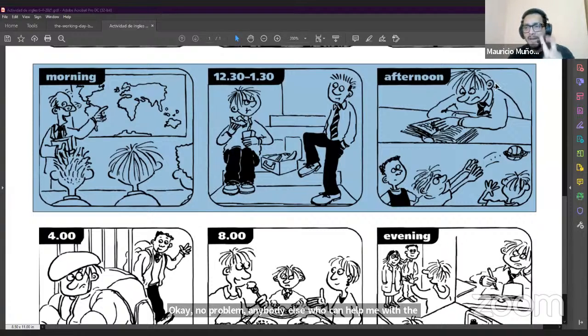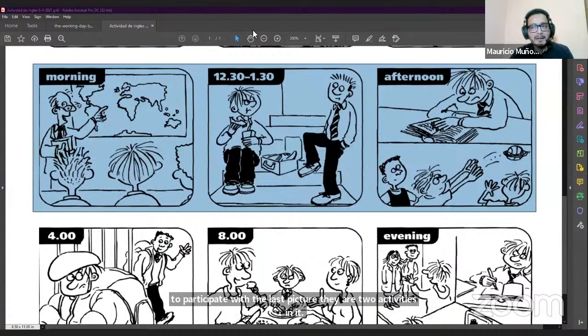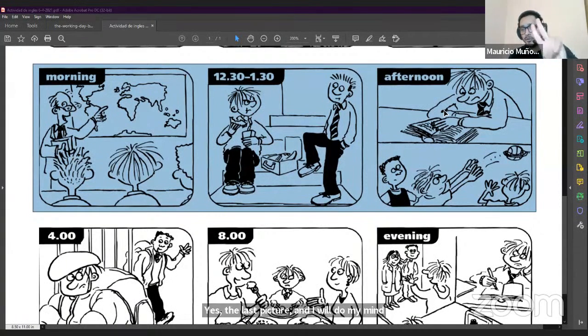In the last picture we have 2 activities, so anyone who wants to participate with the last picture? There are 2 activities in it. Okay, Miss Tulkan, thank you. Yes, the last picture. En la última imagen hay 2 acciones.